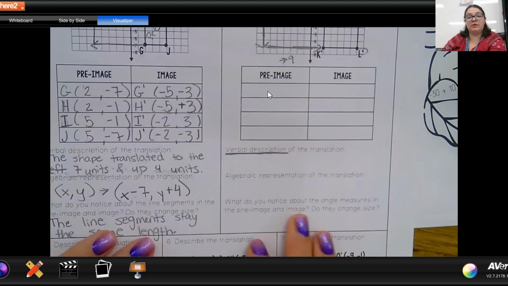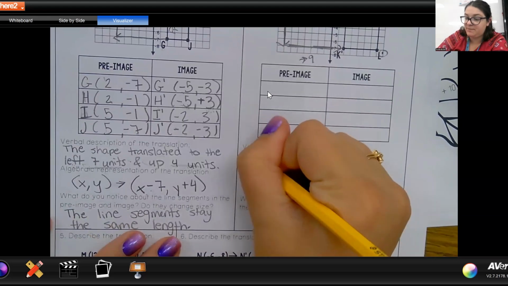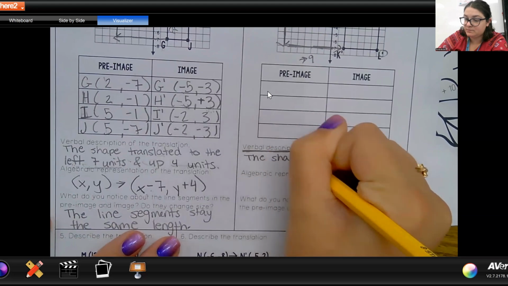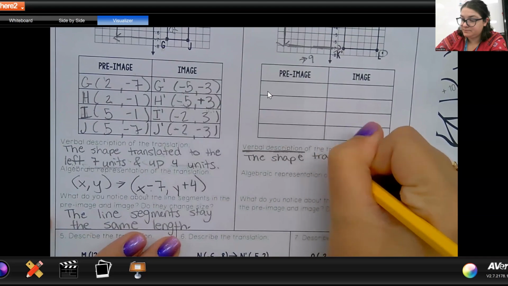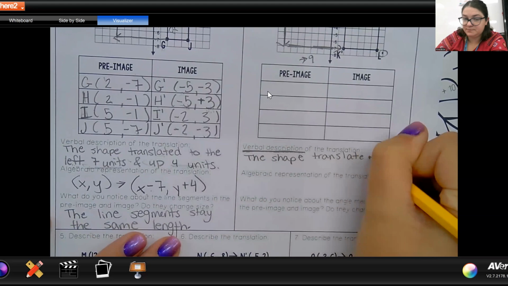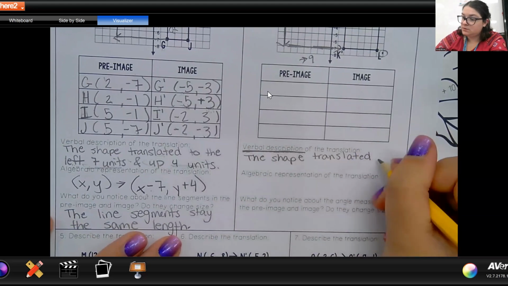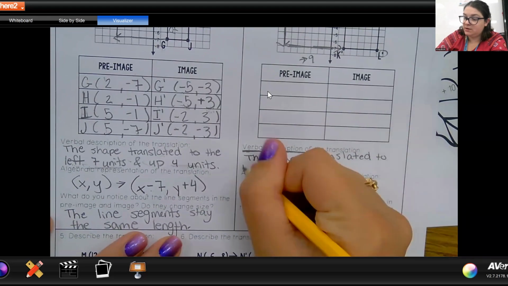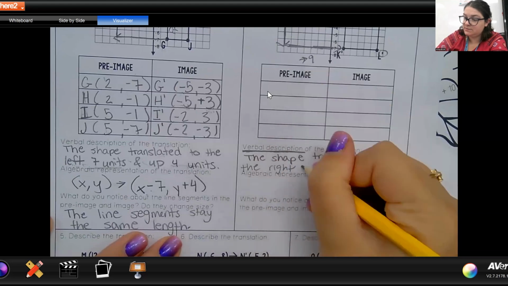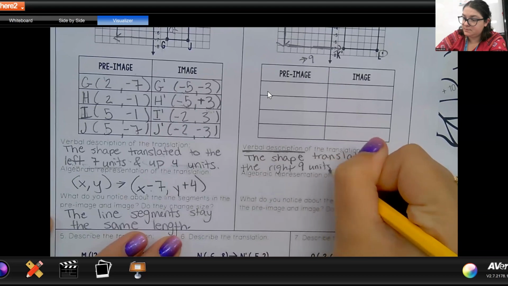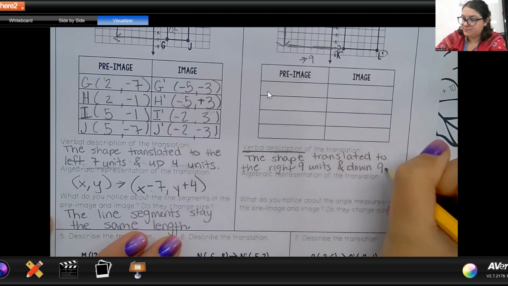So when I go to write the verbal description, write the complete sentence, I'm going to say the shape translated to the right 9 units and down 9 units.